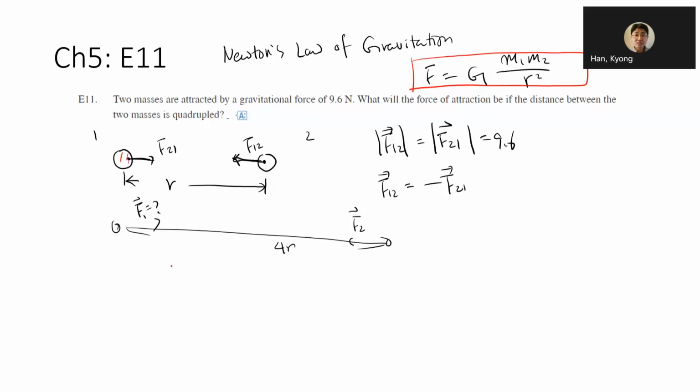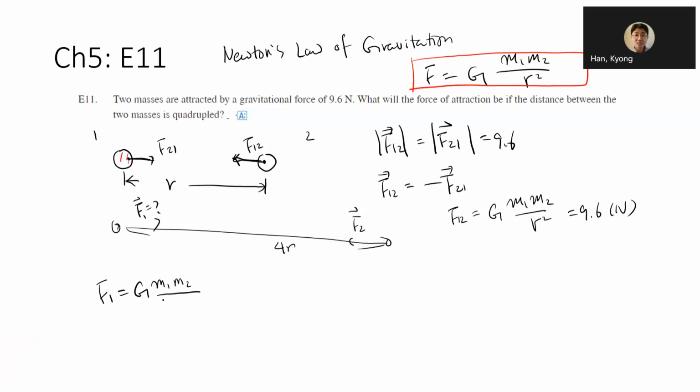Originally F12 equals G m1 m2 over r squared, which is 9.6 Newtons. Now we find the new force F1. The G times the masses don't change, since it is the same objects.